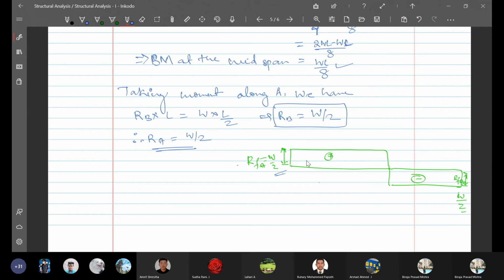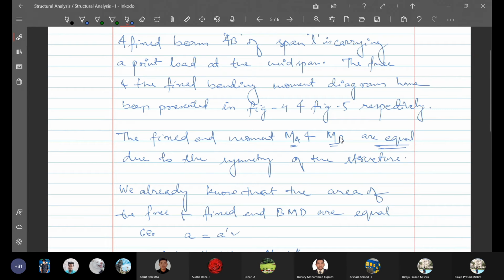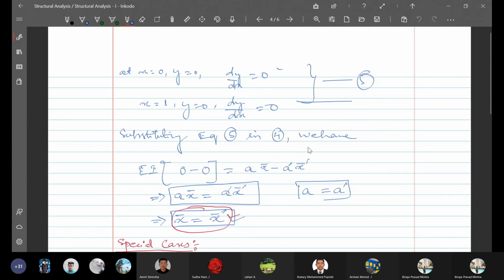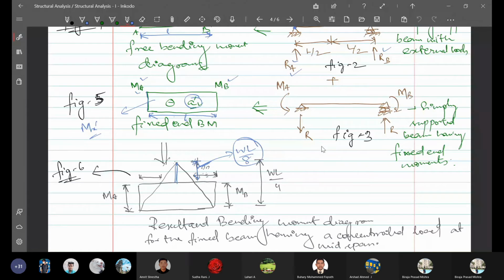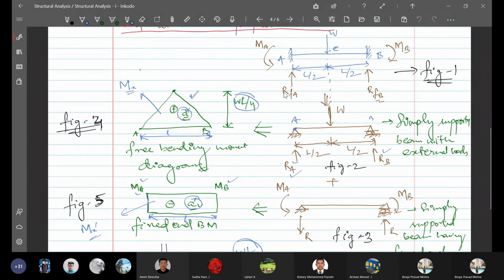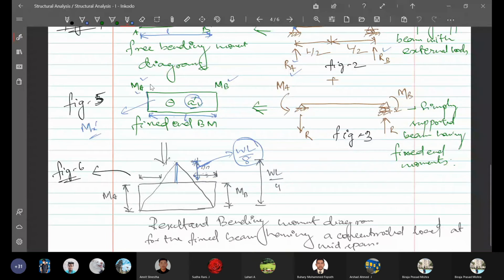If I'm considering a distance x from the support, it is W by 2 into x minus, and here we have the moment, minus WL by 8, this one.